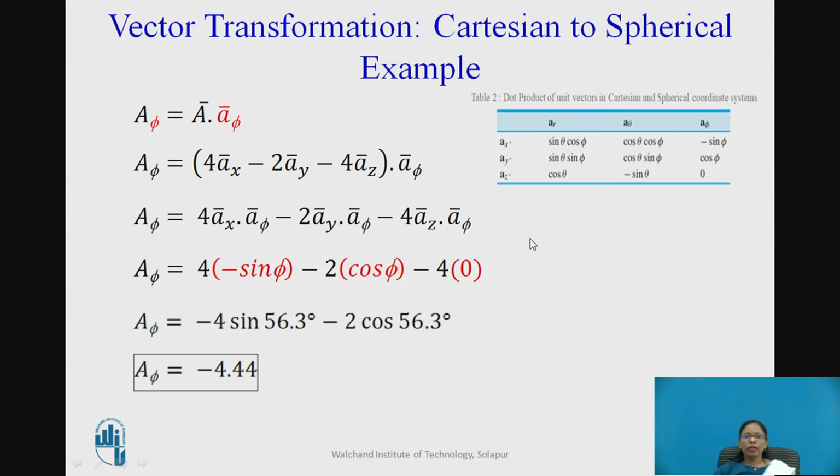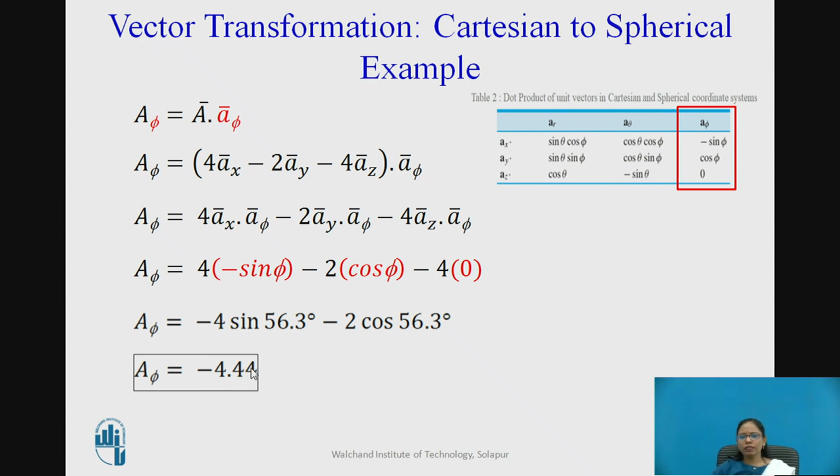And finally, I'll calculate A phi, which is A bar dot A phi. For A phi, I follow the last column. I'll take the values of AX dot A phi from the column and AY dot A phi and AZ dot A phi from this table 2. And I know the value of phi is 56.30 degrees, so I can put the values here and I get A phi bar as minus 4.44.